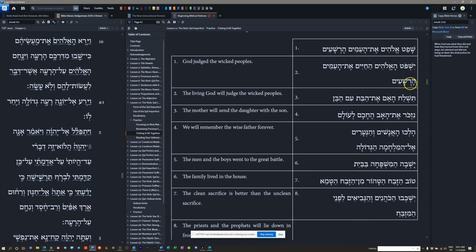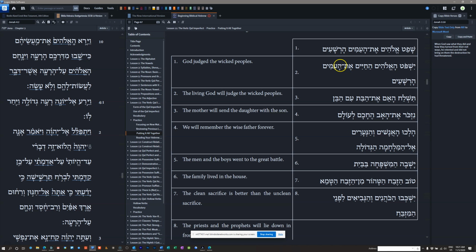Syntactically, what's going on is we've got ha-risha'im modifying ha-amin. They both have the hierarchical mem suffix. They're both masculine plural. And so we have to figure out if this is attributive or predicative. An attributively functioning adjective is going to match the definiteness of its noun.